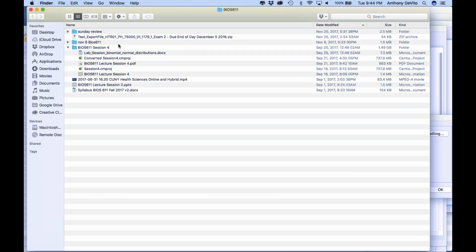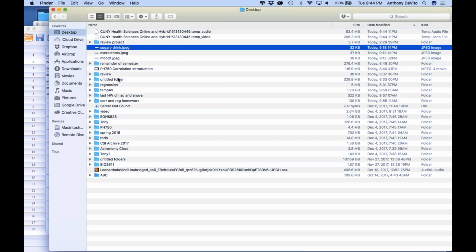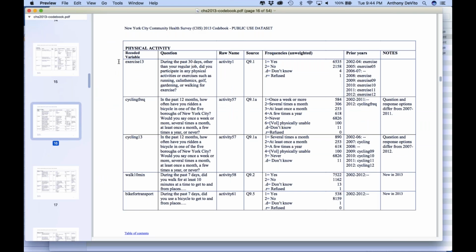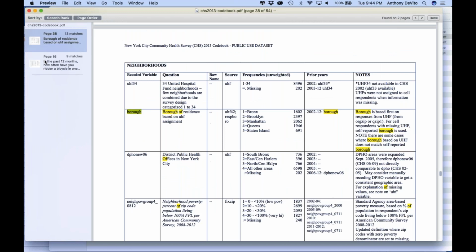Okay, let's see, what did I say? I don't think I saved borough. I'm going to have to open that code book again. Let's see, review, desktop, review project. Okay, here we go. Code book. Okay, now let's go to borough of residence.